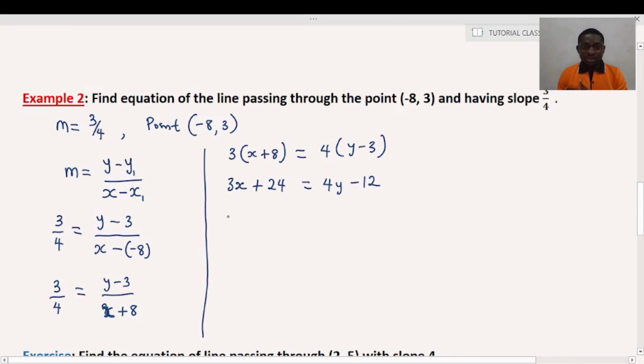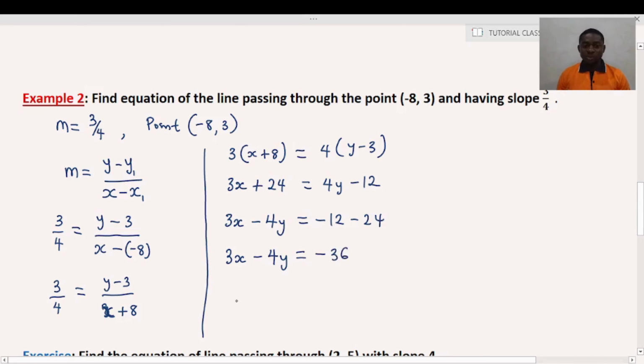So we have 3x, taking the 4y to this side, becomes minus 4y, equals minus 12. This is plus 24; taking it to the right hand side, it becomes minus 24. Then we can further say 3x minus 4y equals minus 36.